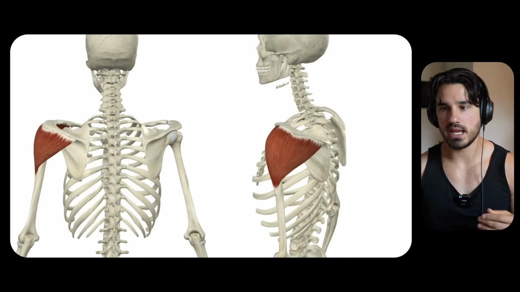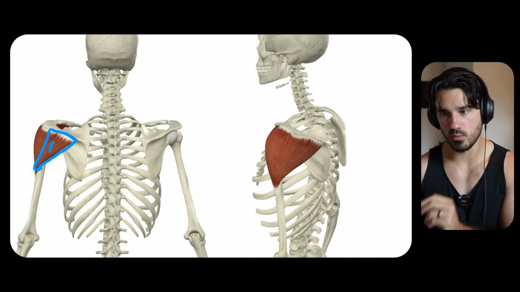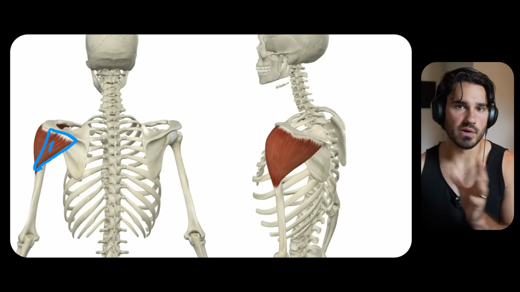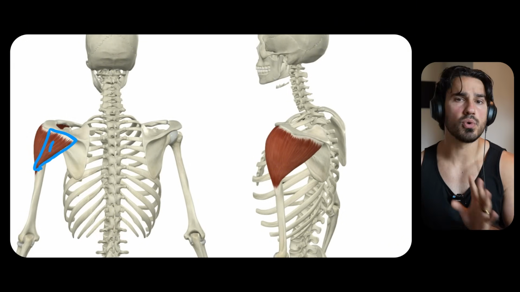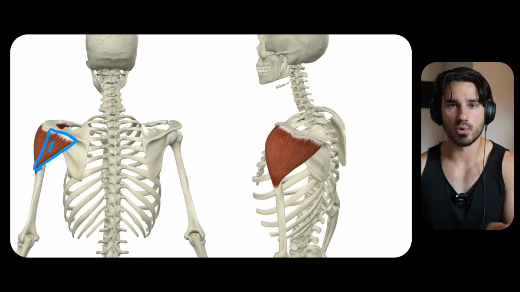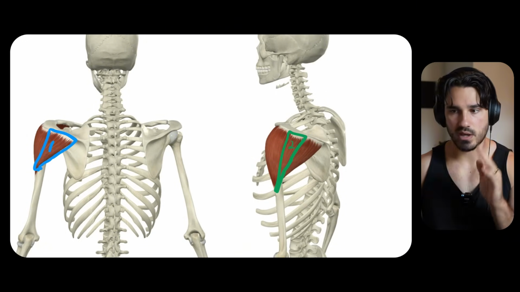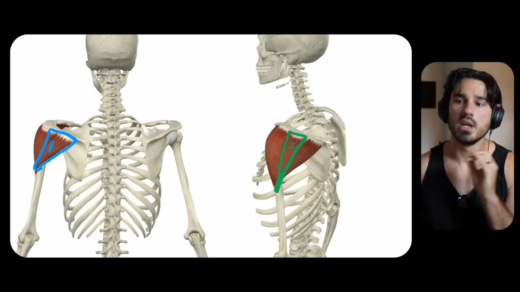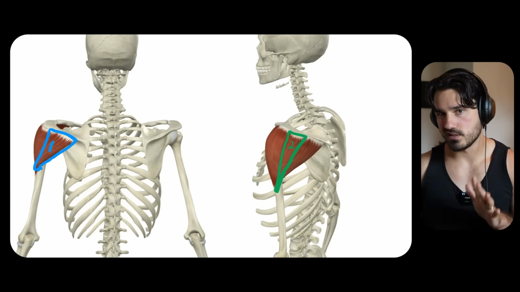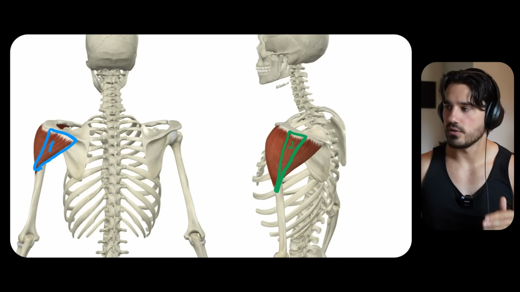Well, when we think about the anatomy, I like to subdivide the rear delt into two portions. And here's portion number one, which is what we're gonna call in the rest of this video the more horizontal portion. Why? Well, because it's more horizontal compared to the second portion, which is more vertical. Okay, so you have one in blue, two in green. One I'm going to call the more horizontal thing, and the other I'm going to call the more vertical thing.